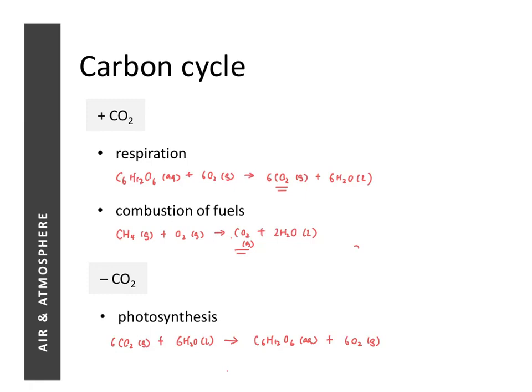So as you can see again from this equation, your CO2 is being used up, is being consumed in photosynthesis. So before we move on, for the sake of the syllabus, you are required to memorize these three equations.